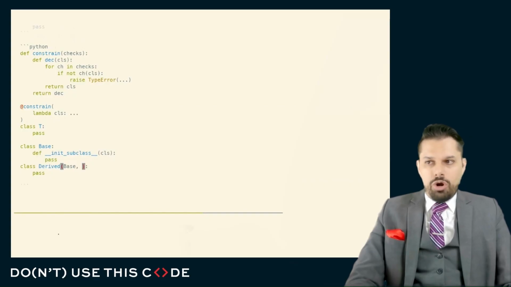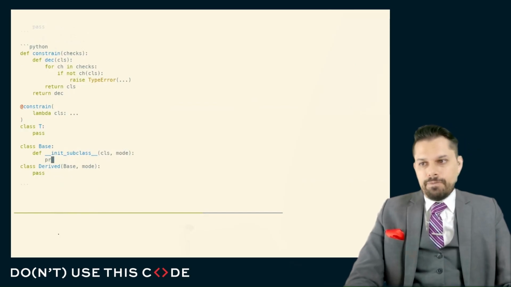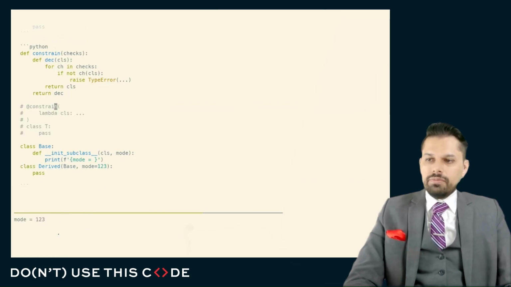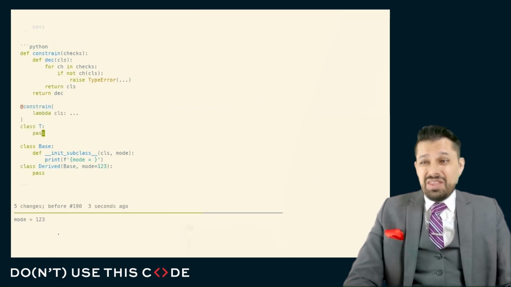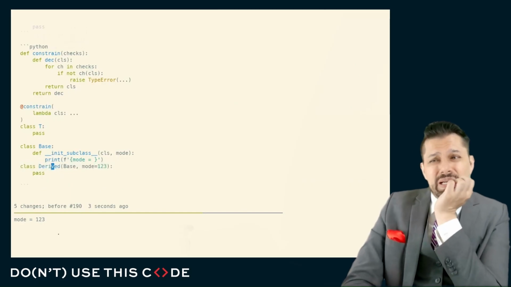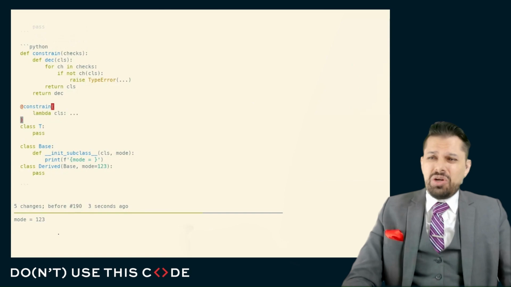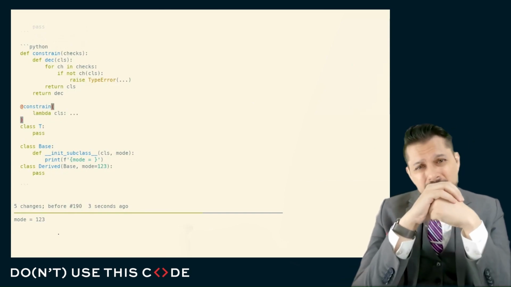And if we pass an argument here, like a mode, we can actually pick it up here. I'll show you. Let's quickly turn this off for a moment. There you go. Which means the modalities would have to occur in the class header as opposed to occurring here.